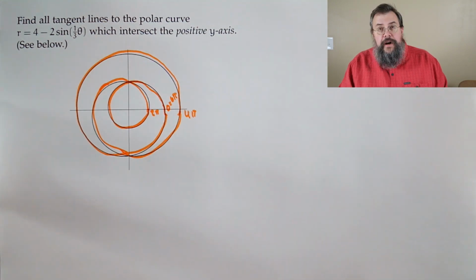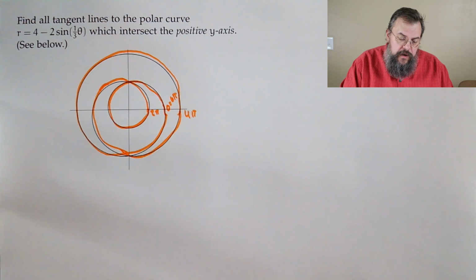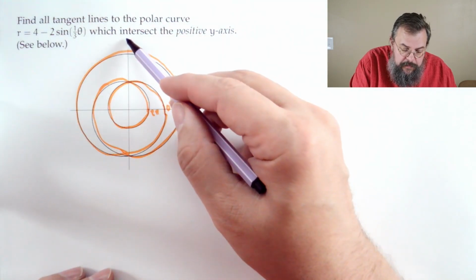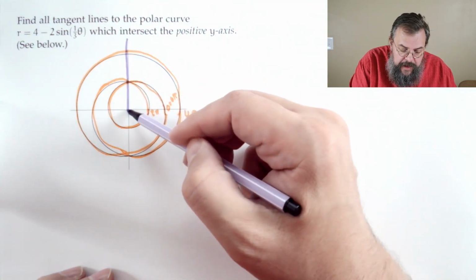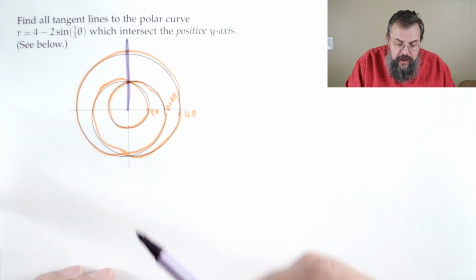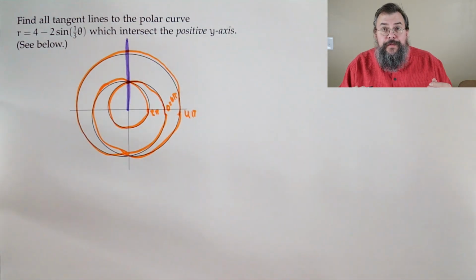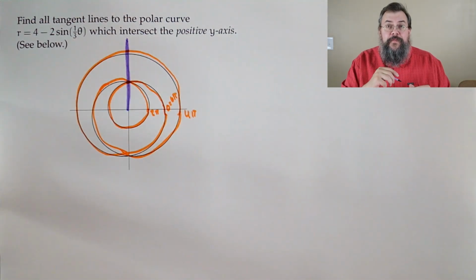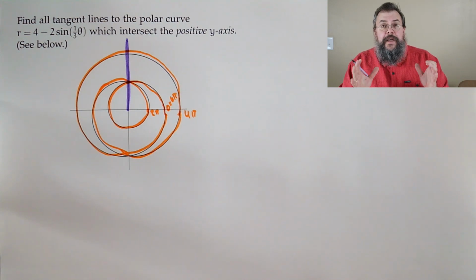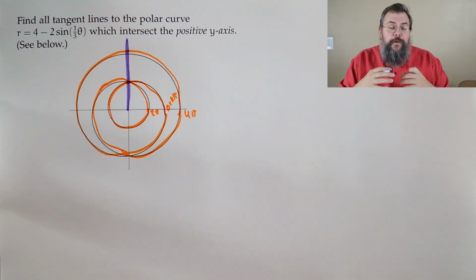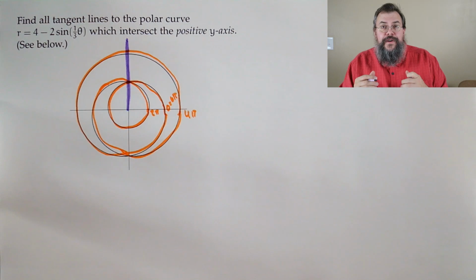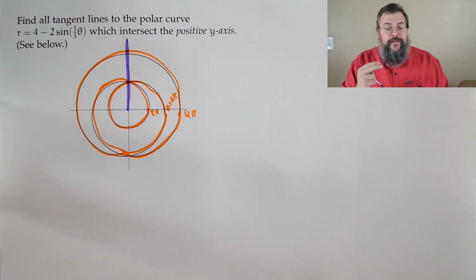Now, what do we care about? Well, we care about the following. Namely, where do we hit the positive y-axis? And it looks like we hit it 3 times, 1 for each loop. Now, generally speaking, if we want to hit the positive y-axis, we say, well, what angle does it correspond to? And there's kind of 2 cases.